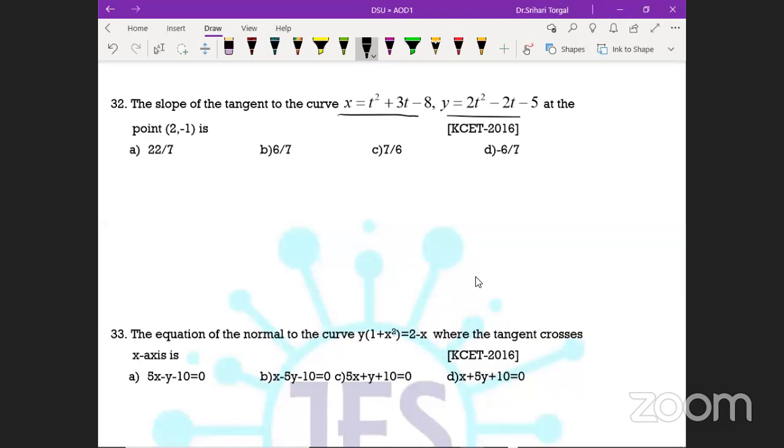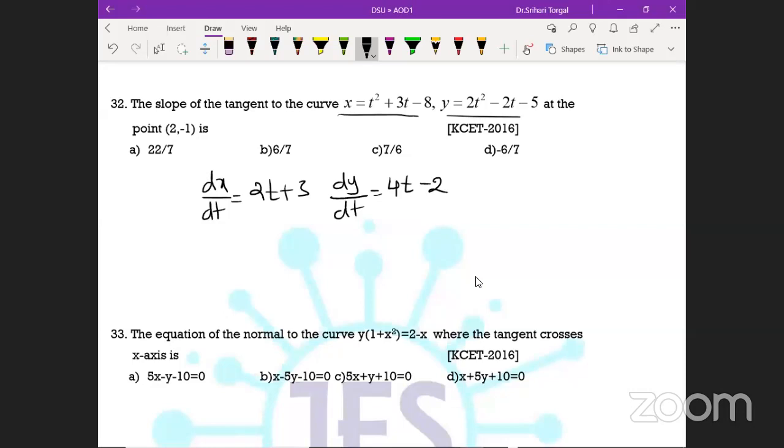Now we will differentiate this. dx by dt is 2t plus 3. dy by dt is 4t minus 2. Got it? And at the point 2, minus 1, so you need to calculate that later.